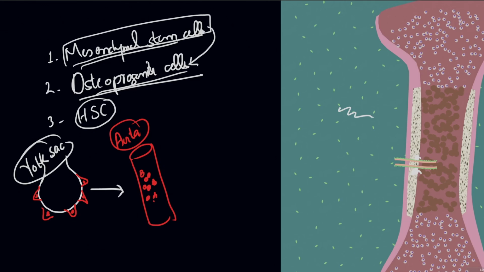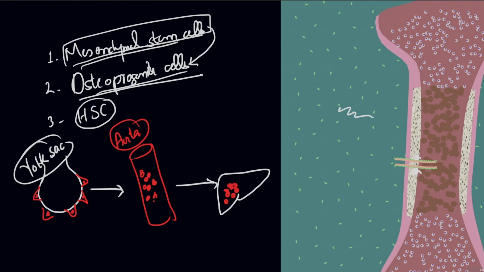So later, maybe at the ninth week, if I remember correctly, you can check it up, these hematopoietic stem cells settle in the liver, right? Right now the bone marrow, the inner part of the bone, has not yet formed, so they remain in the liver.